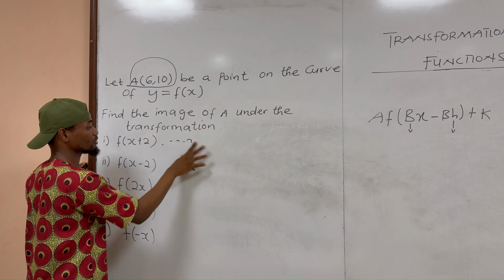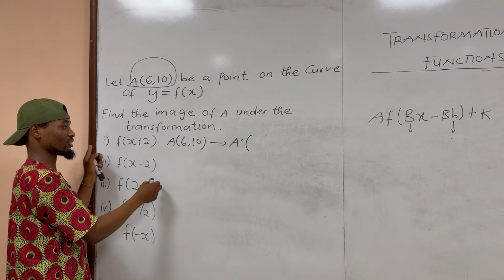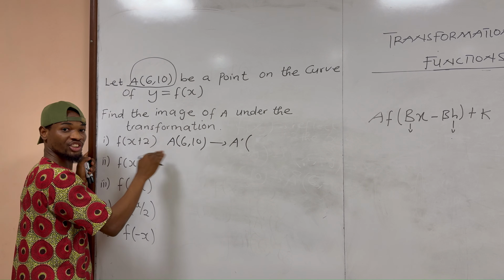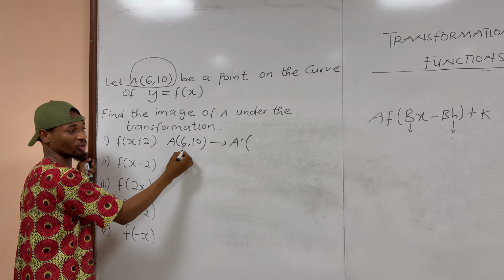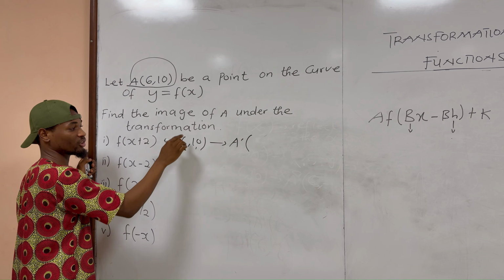So we're given coordinates of A to be 6, 10. So if I want to find the image of A, it becomes A prime. Then, because we are shifting to the left, and it is a horizontal shift, 6 here is my horizontal. So we have the x is horizontal, y is vertical. So our emphasis is going to be on the x, which is the 6.